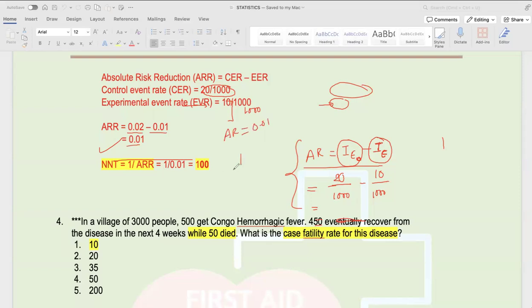Number needed to treat equals 1 divided by attributable risk. So 1 divided by 0.01. If we just remove the point, we need to multiply by 100. So it's 100. So 100 is the answer in this case.